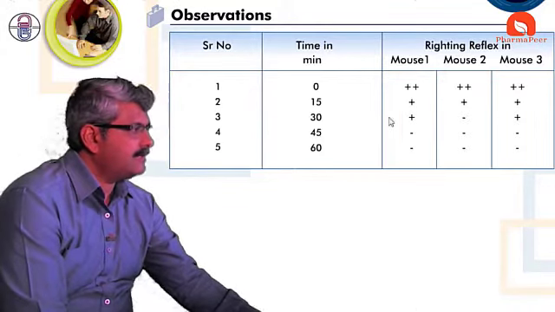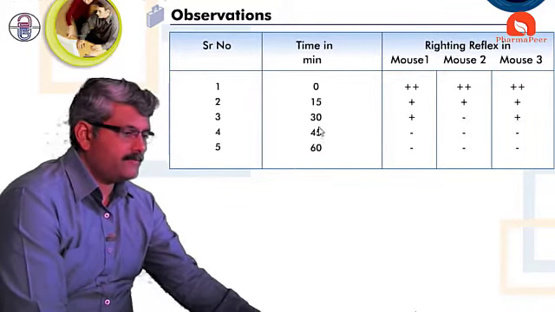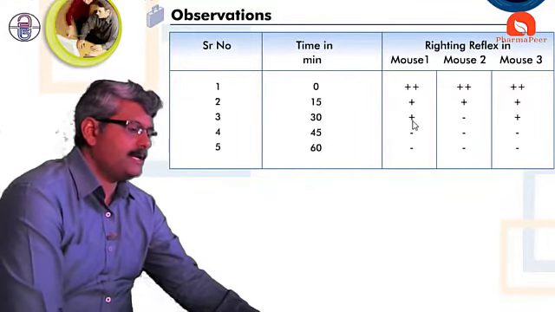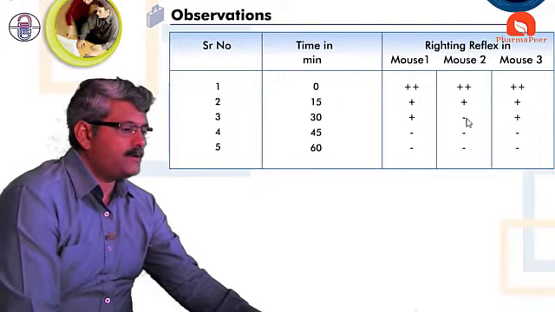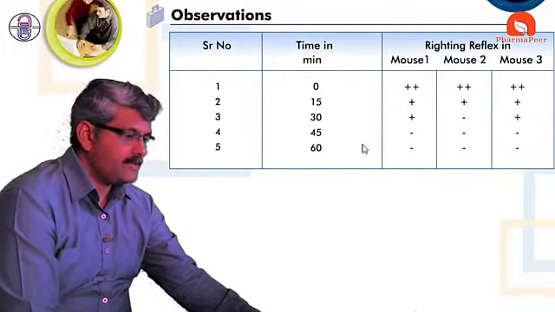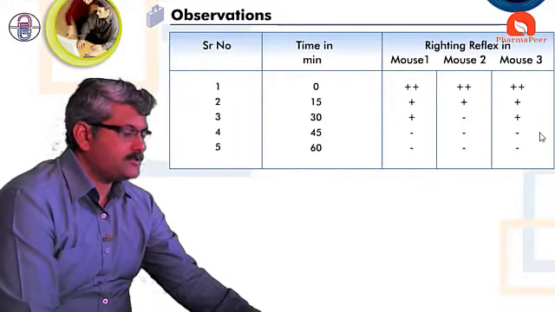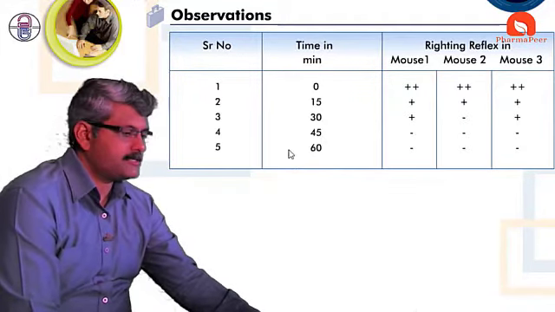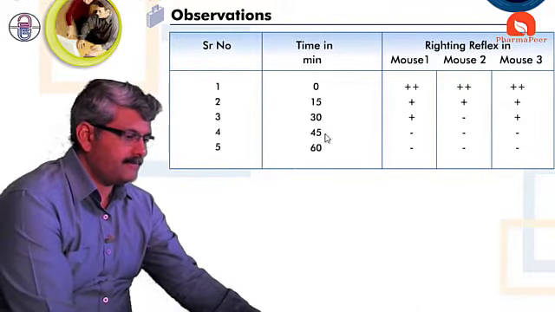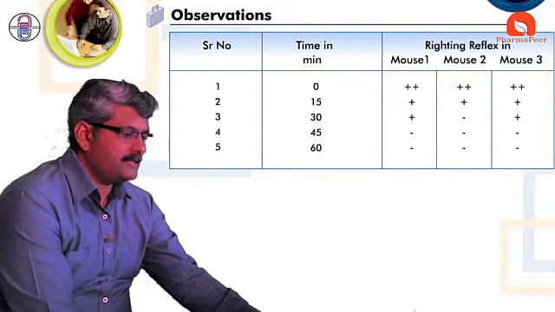At 30 minutes, with mouse 1 it is present, with mouse 2 it is not present, with mouse 3 it is present. At 45 minutes there is a total loss of writing reflex, and up to 60 minutes it is again totally lost. That is the absence of the writing reflex.